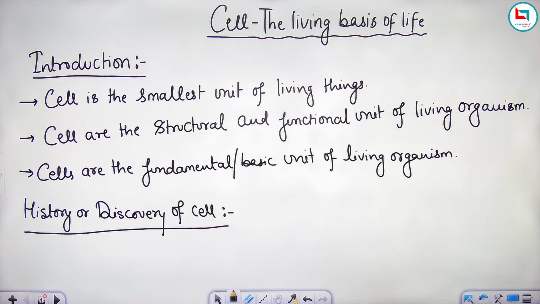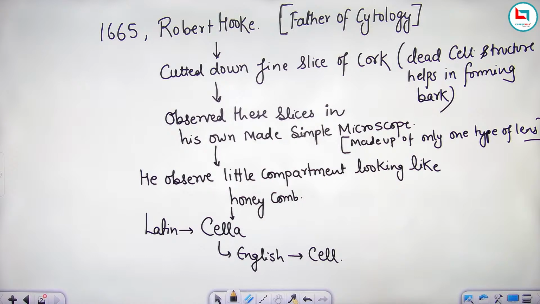So again, history. In the year 1665, Robert Hooke cut a fine slice of cork, which is dead cell structure, and these dead cell structures help in forming the bark of the tree. He observed these slices in his own made simple microscope, which contained only one type of lens.